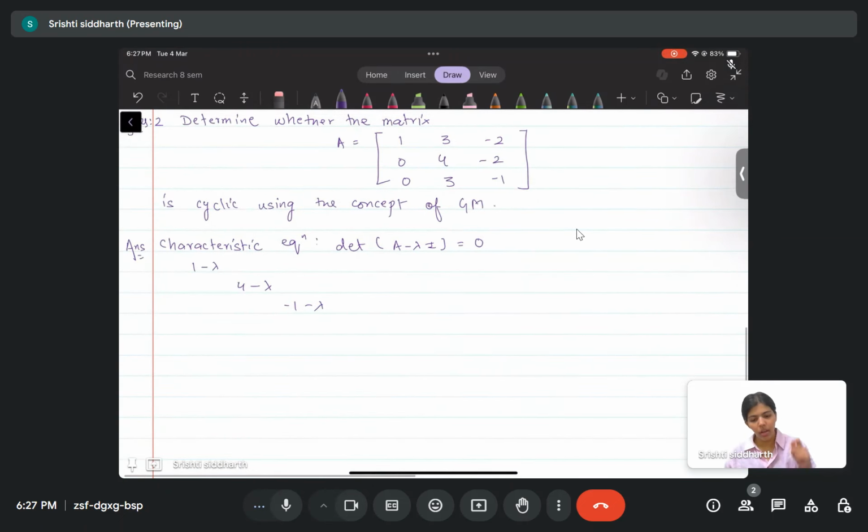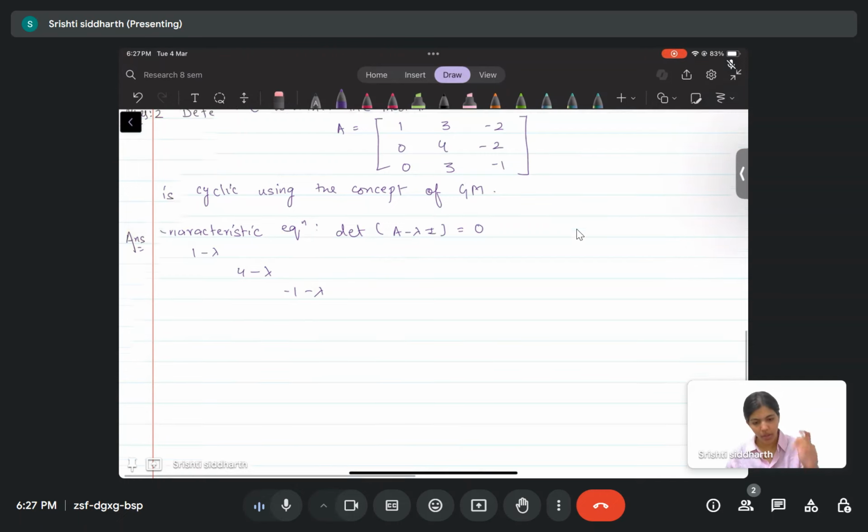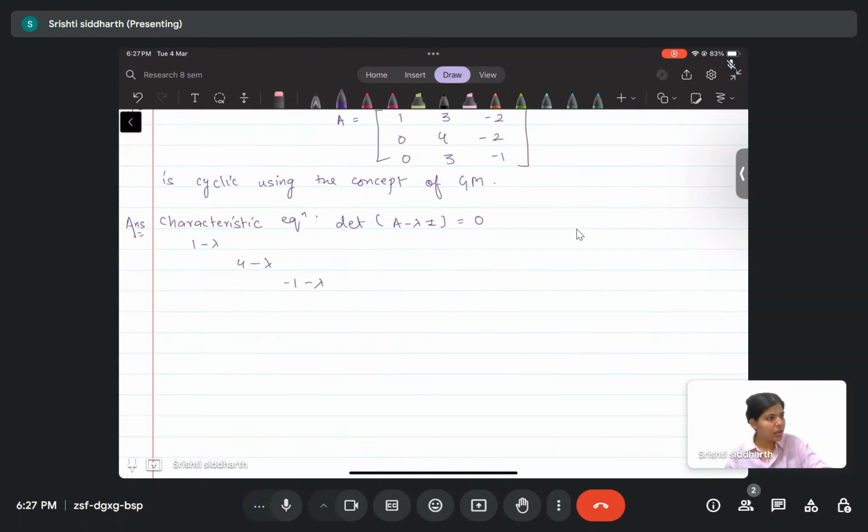Now we'll see how to test whether the matrix is cyclic or not using the geometric multiplicity of the eigenvalues. So the characteristic polynomial gives (1 minus lambda) square times (2 minus lambda) equals 0. So the eigenvalues are 1, 1, and 2.